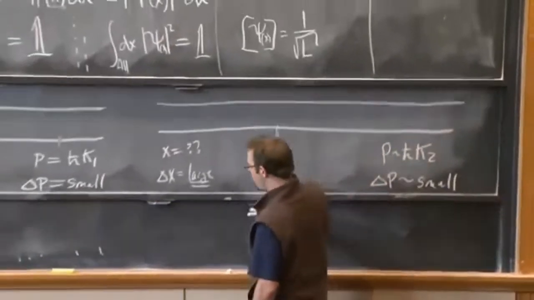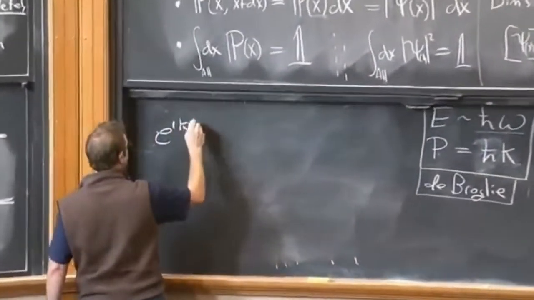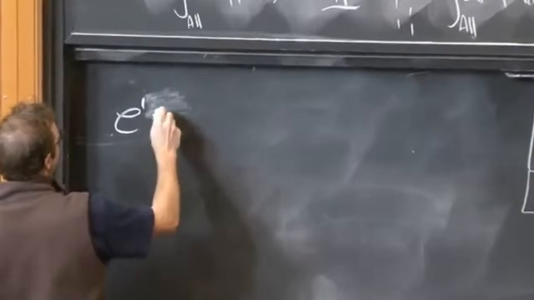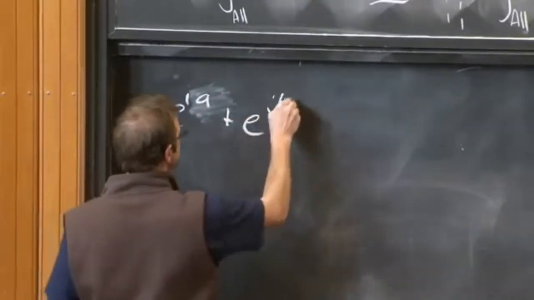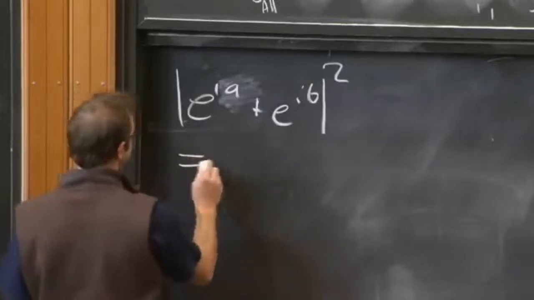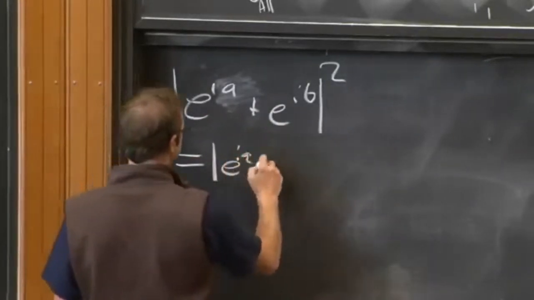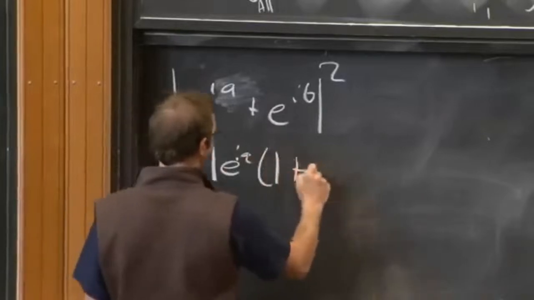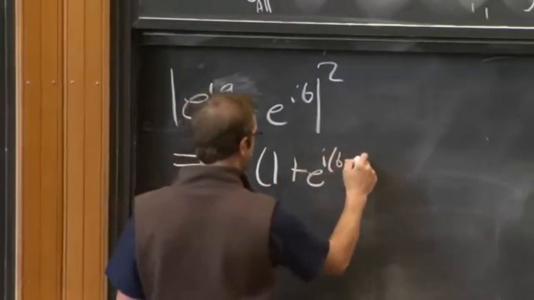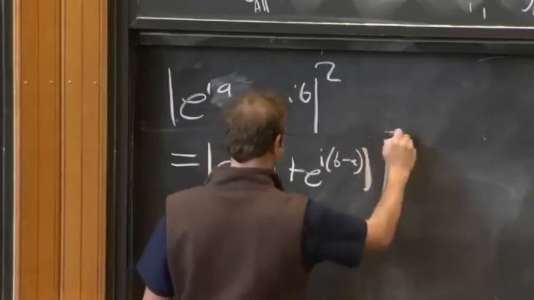When we take e to the i k1 x plus e to the i k2 x, let me write this slightly differently: e to the i a plus e to the i b, and take its norm squared. OK? So this is equal to, I'm going to write this in a slightly more suggestive way, the norm squared of e to the i a times (1 plus e to the i (b minus a)). OK, norm squared.